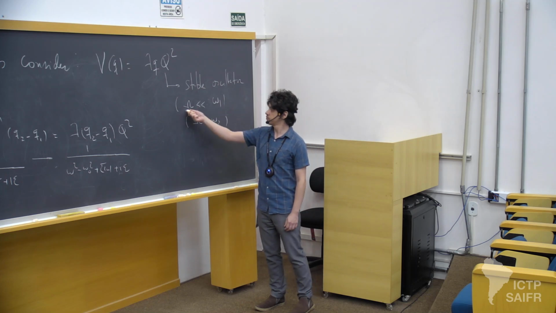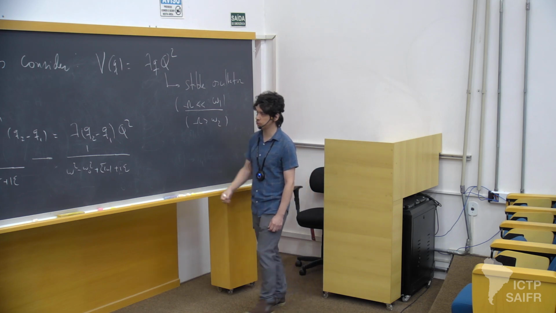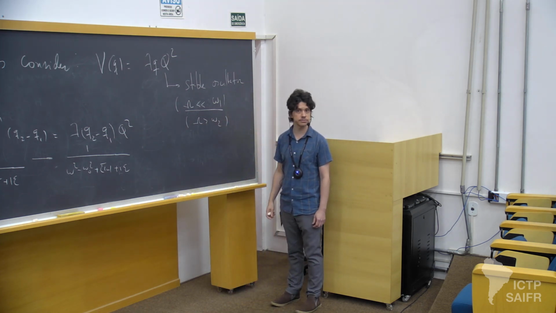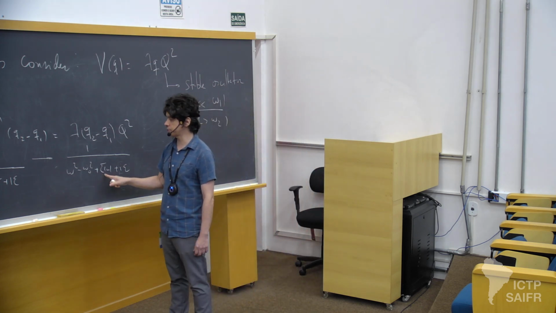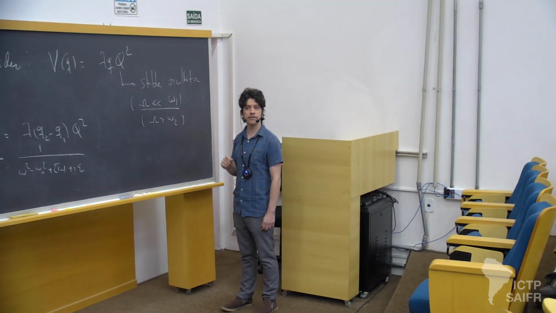Since for the oscillator 1 the frequency associated with this stable oscillator is much less than it is, that means that the self-energy correction for the oscillator 1 will have an imaginary part.